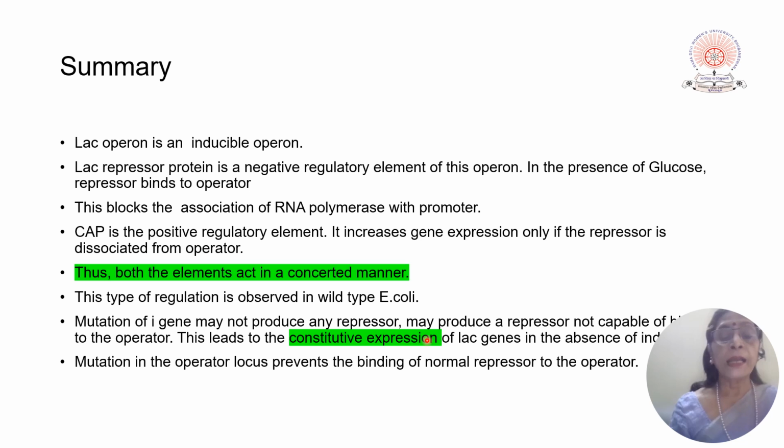And if the I gene is active, produces a repressor, but the repressor is not capable of binding to the operator, then also there is constitutive expression of the lac genes in the absence of an inducer. Mutation of the operator locus is another condition that prevents the binding of the normal repressor to the operator, and that also results in constitutive expression of the lac genes. Thank you.